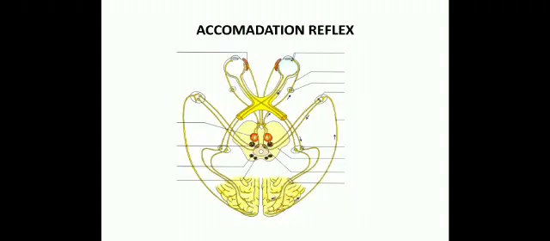So, now the accommodation reflex, that is the constriction of the pupil that also takes place when looking at a near object.